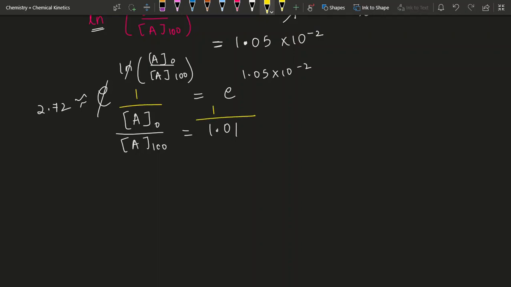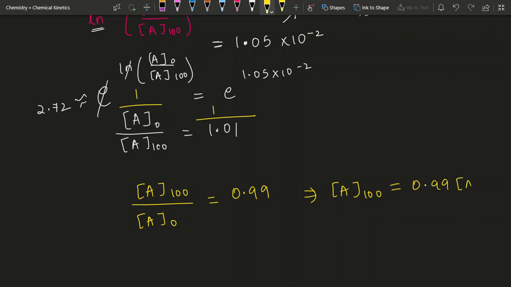So you then have a at 100 years over a naught is equal to 0.99, and that means that the concentration of plutonium at 100 years is equal to 0.99 times the initial concentration. And that is pretty sad for the environment.